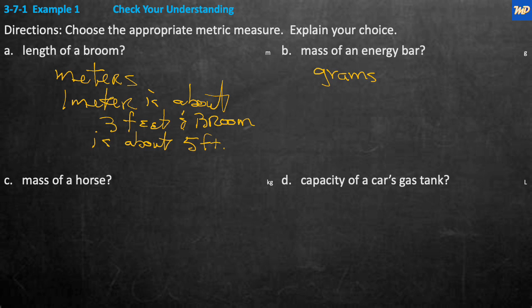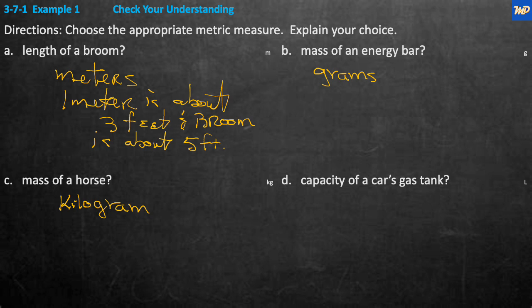We'd have to do the exact math on it. I don't know how heavy a horse is, but I'm going to say it's in kilograms. They say kg, but K-I-L-O-G-R-A-M, kilogram. I say that because that's about the equivalent of 2.5 pounds.